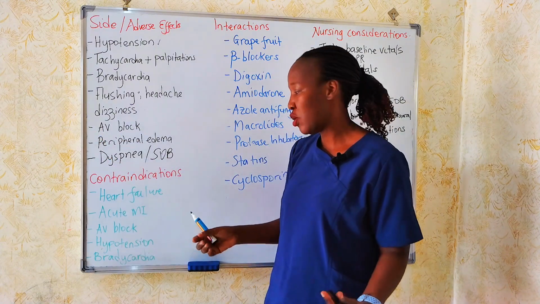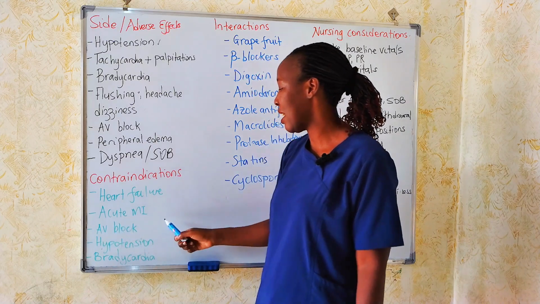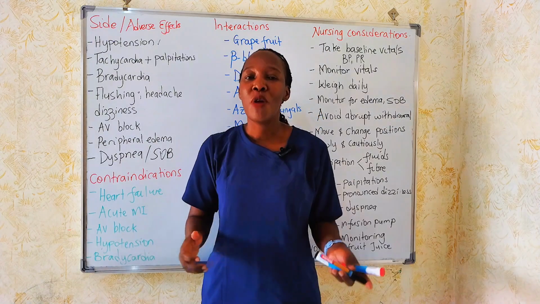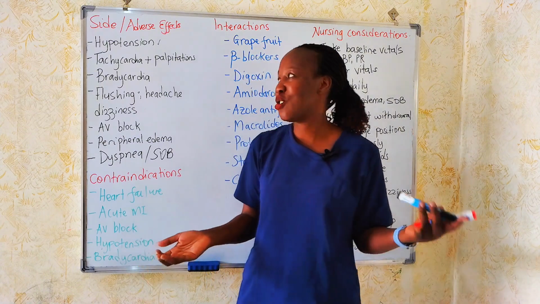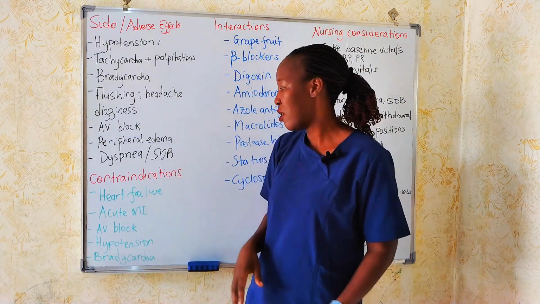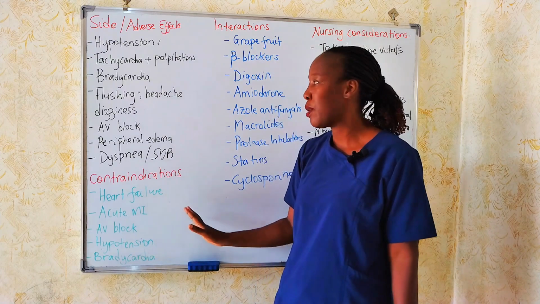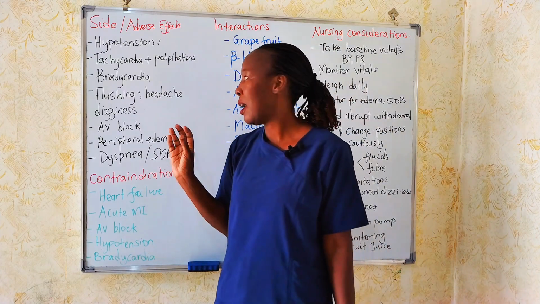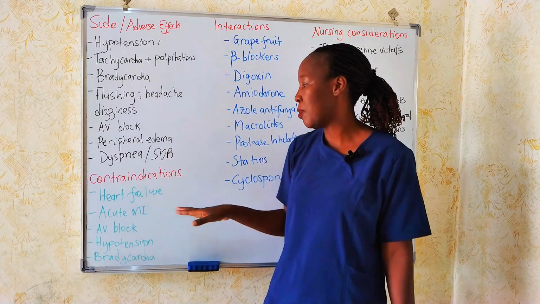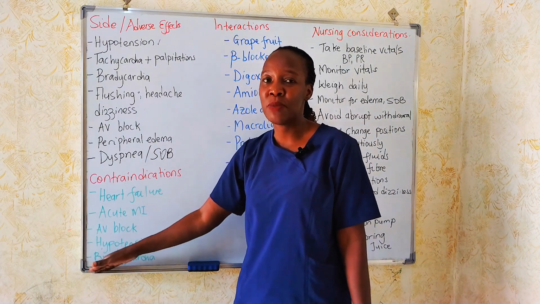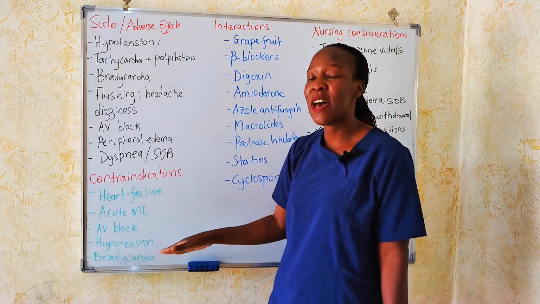We don't want to give it to a client who has experienced an AV block. Don't give calcium channel blockers to clients who have baseline hypotension, because these drugs are going to further reduce the blood pressure. If we take our baseline pulse rate and we are reading in the ranges below 60 beats per minute, then we don't want to give calcium channel blockers, because they're further going to reduce the heart rate.